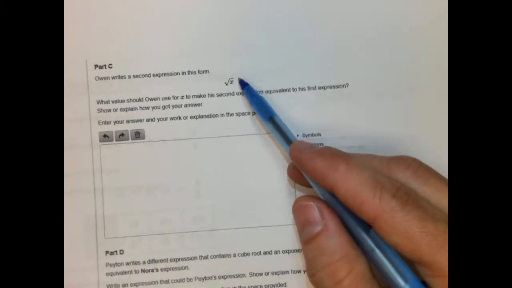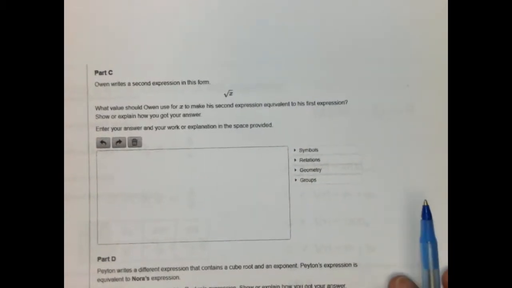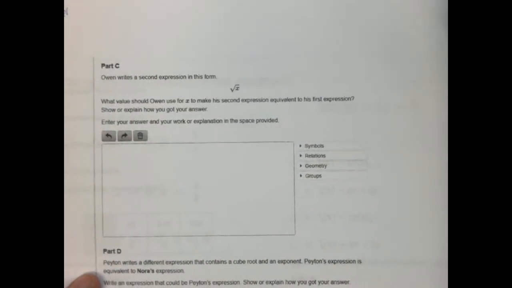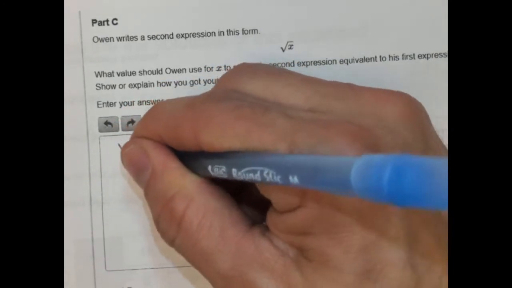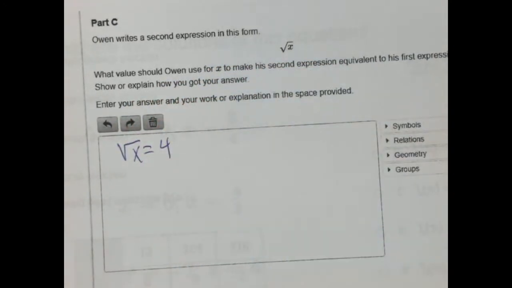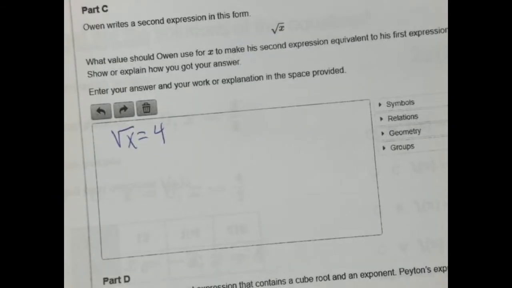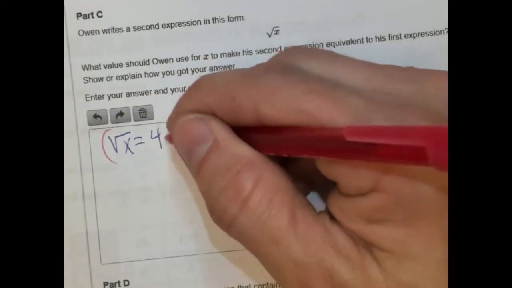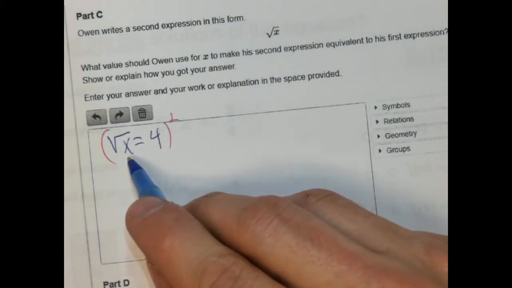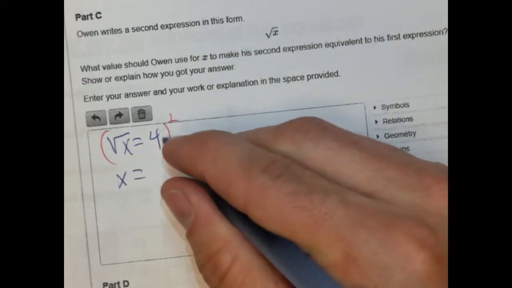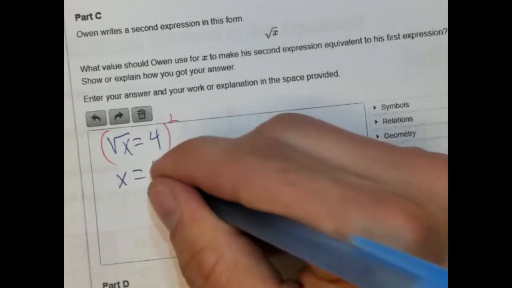So in other words, we're going to set this equal to 4. Okay, so I'm going to zoom in here. So I say radical x is equal to 4, and we're going to solve for x. So how do we solve for x? Well, we want to square both sides. That means we're going to get, this would be just x, and 4 squared would be 16.